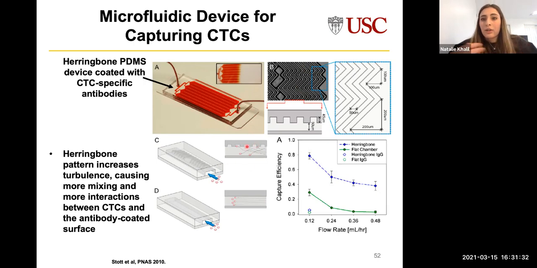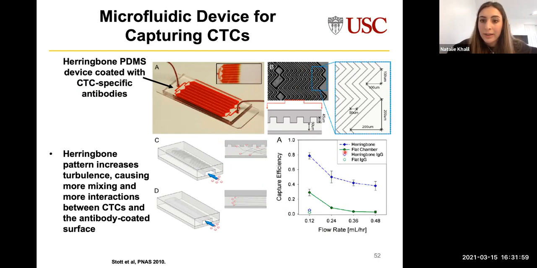And this basically increases the likelihood that CTCs, the circulating tumor cells, will hit the ceiling of this device. And because it is coated with CTC-specific antibodies, those cells will bind and get sort of captured on this device. And so we have a figure here demonstrating sort of quantitatively how effective this is.